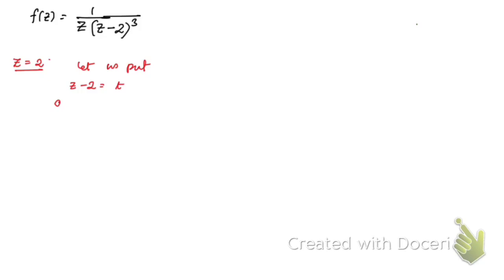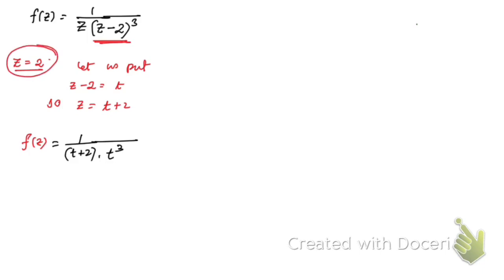So we're going to put z is equal to t plus 2, and then the function becomes f of z is equal to 1 by, instead of z we're going to write t plus 2, and instead of z minus 2 we're going to put t, right? Z minus 2 means here t. So our motive is to express the series in terms of powers of z minus 2. Then we're going to get the Laurent series about z is equal to 2.